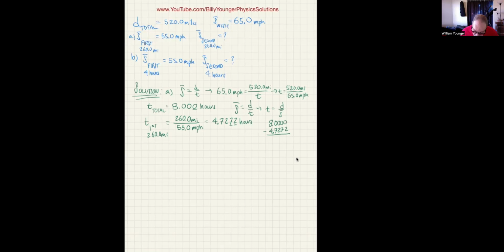So when I subtract 4.7272 from 8, I get 3.2727. Again, in this case, 8 was supposed to be to 2 decimal places, and 4.72 was supposed to be to 2 decimal places as well, which means really this should be 3.27, and then those last 2 digits are non-significant.